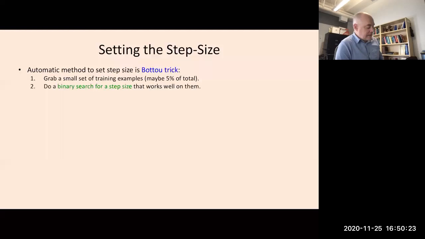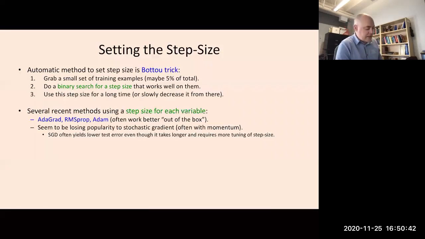So setting the step size is important. One thing you can do is compute the complete gradient on a subset of the data, or compute it on a larger subset of the data one time, and then do a binary search for the step size that basically minimizes the loss in that one particular direction, right? Then use that step size for a long time or decrease it for a little while.